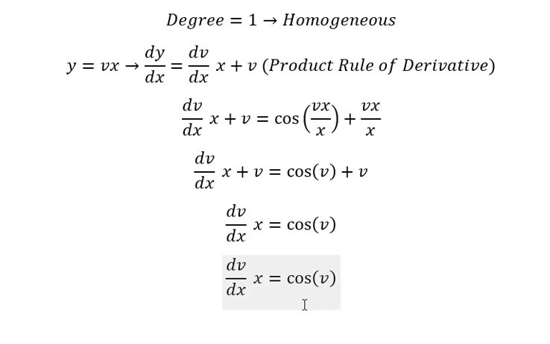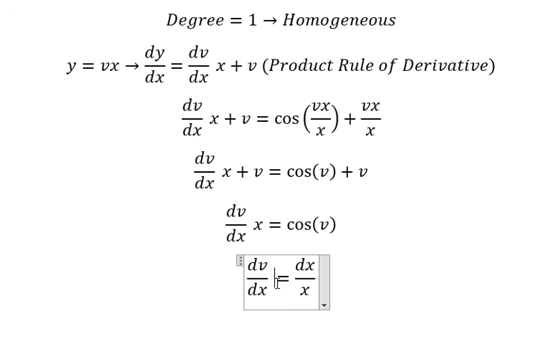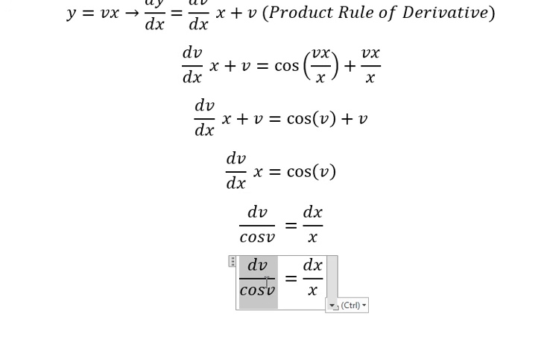Next, cosine v we put on the left, ds and s we put on the right. And this one can change into secant of v dv.